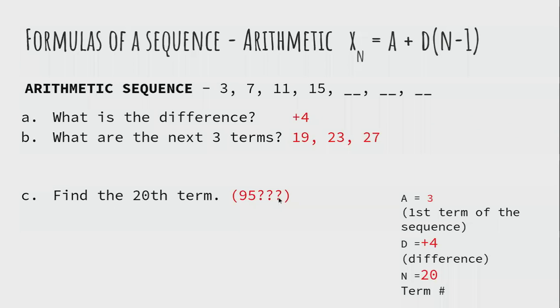We never figured out the answer, but the proposal before we left was 95. So today we are going to start there. I want you to put the values of the variables in their proper places. Remember to use order of operations to solve, and tell me what the 20th term is.